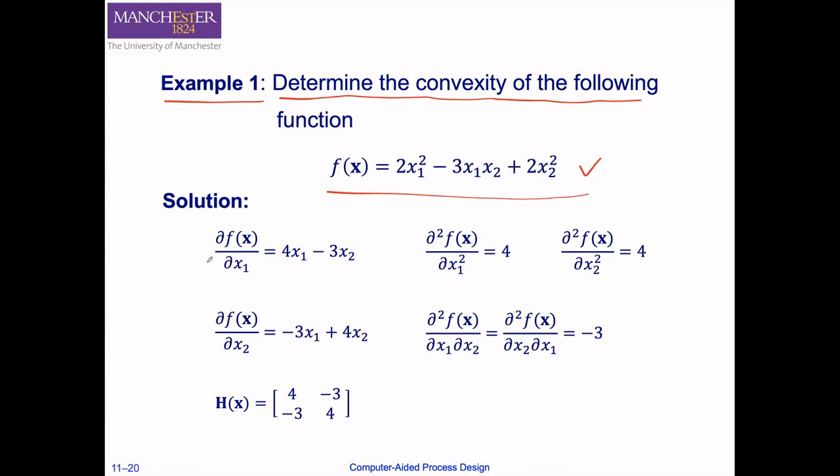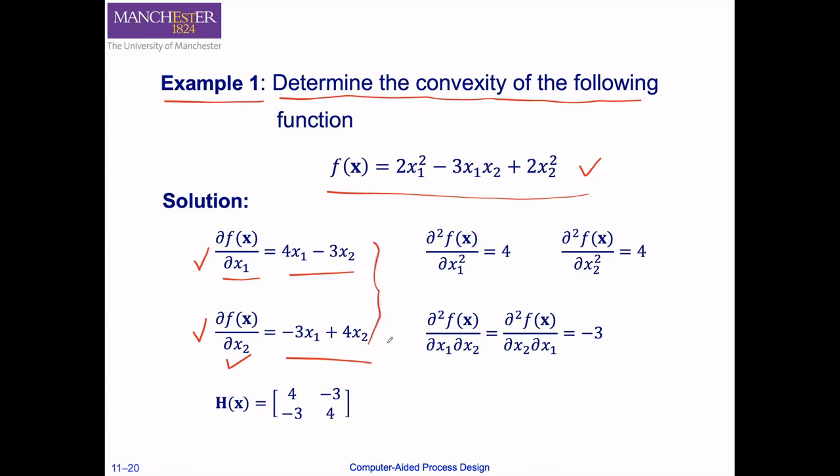We first get the partial derivatives with respect to each variable. We calculate the partial derivative of f(x) with respect to x1. Then we get this one. We also need to calculate the partial derivative of f(x) with respect to x2. Then we get this one.